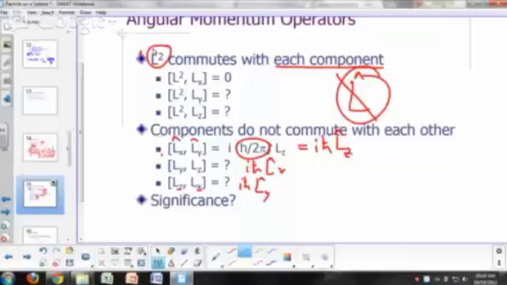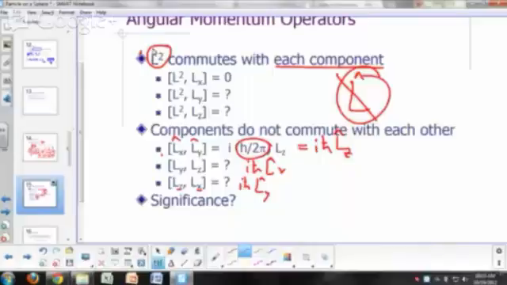So, in other words, what we're saying is quantum mechanics is putting a restriction on what you can know about the angular momentum of your particle. You can determine the magnitude, or the square of the magnitude, and one of the components only, not all three. Because if you could determine all three components, then you would know exactly how your particle is moving.